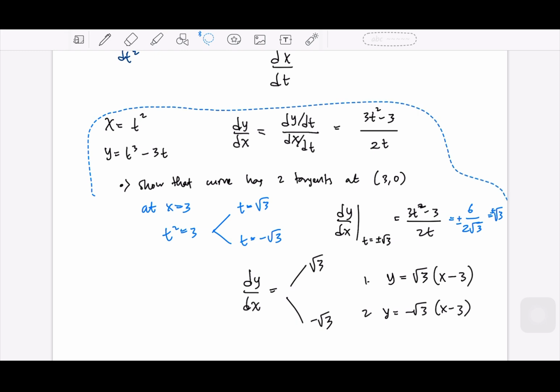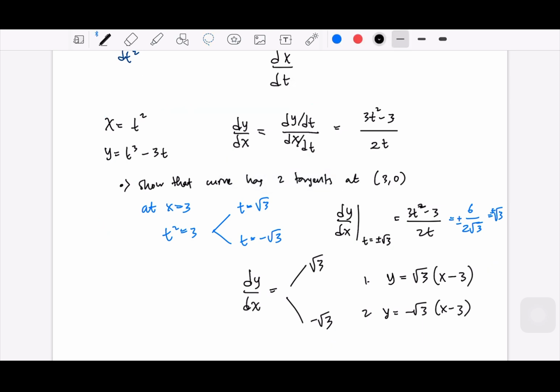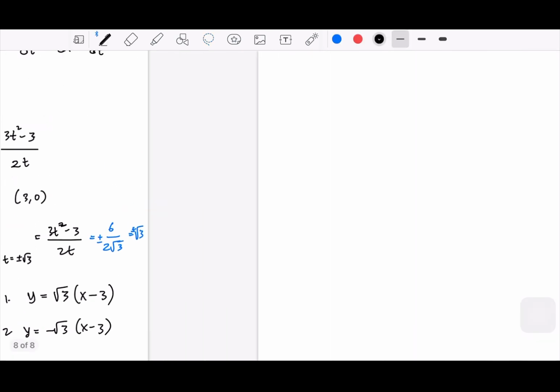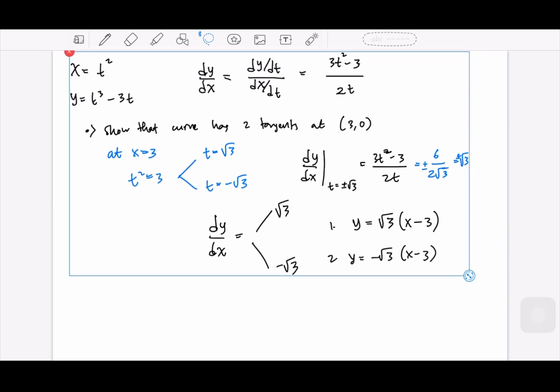Let me copy all the equations and put them here so that I can write the other one.